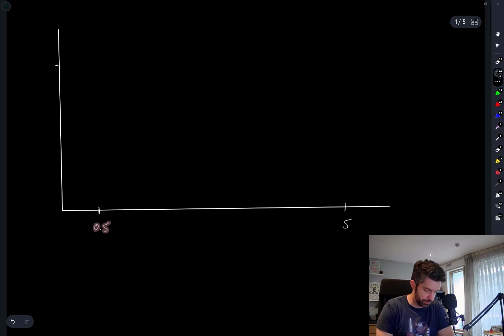Between 0 and 2, the function is linear. And when x is equal to 2, this function is equal to 1.